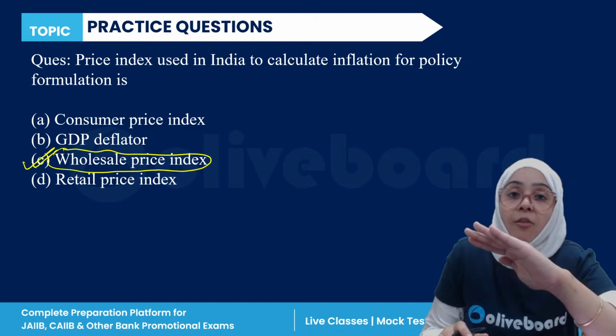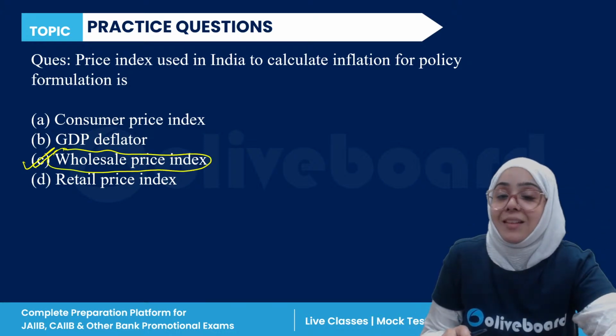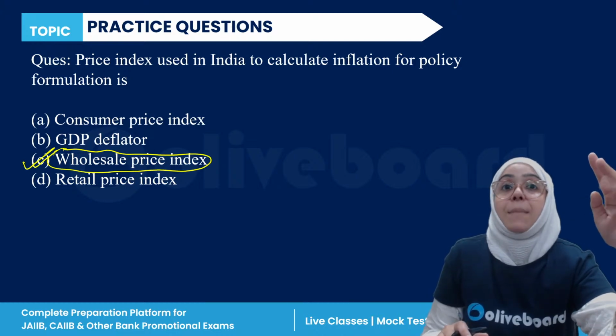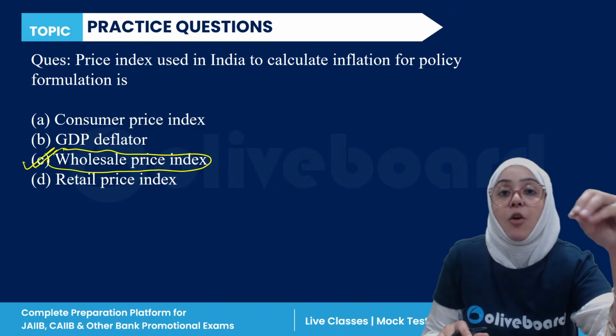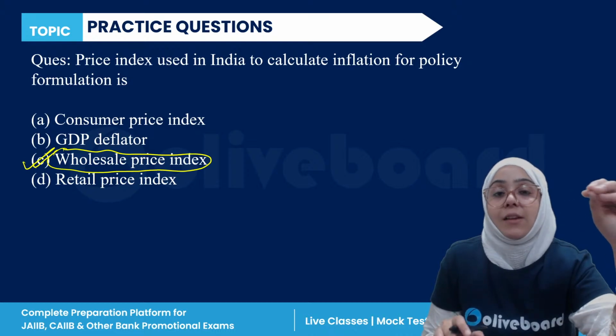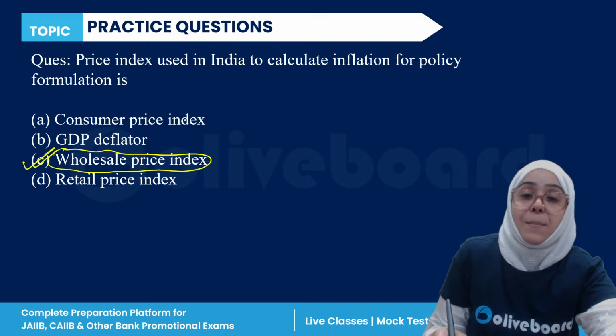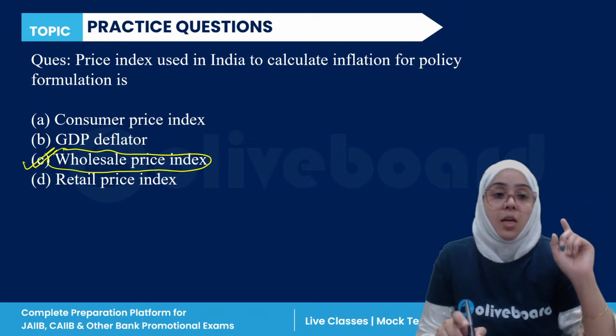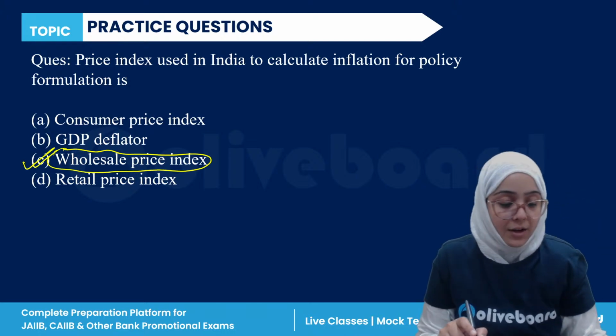So for policy formulation, it is the wholesale price index, but for general use, the main method for calculating inflation in India is CPI. These are the two things. Done, everyone?